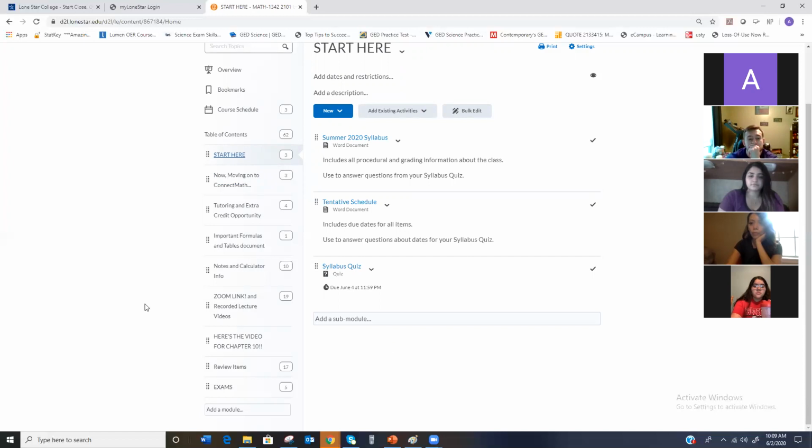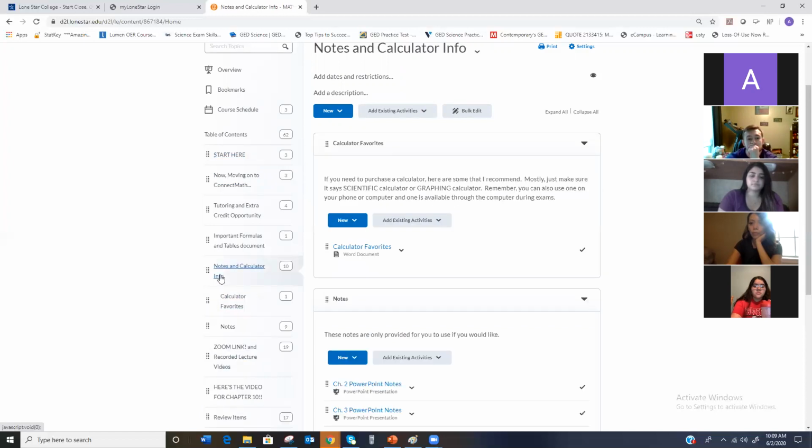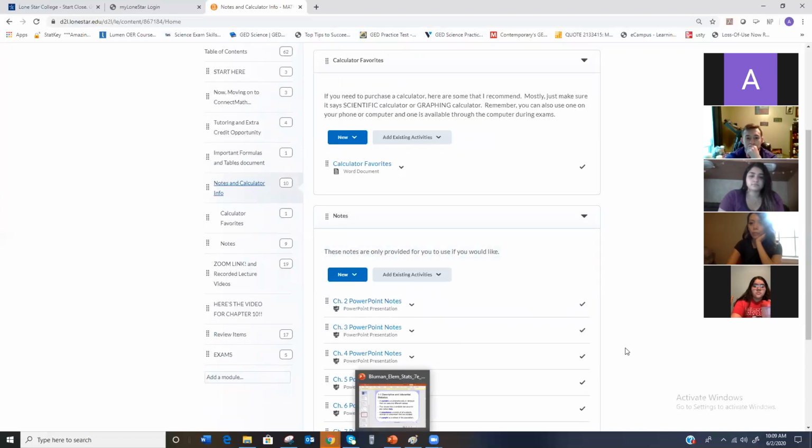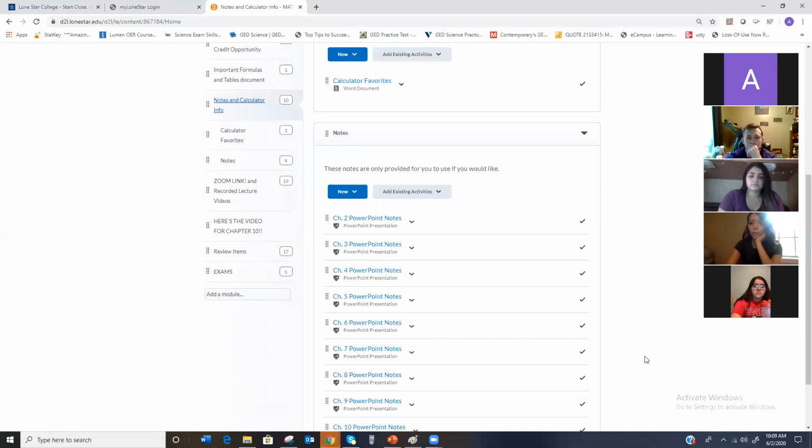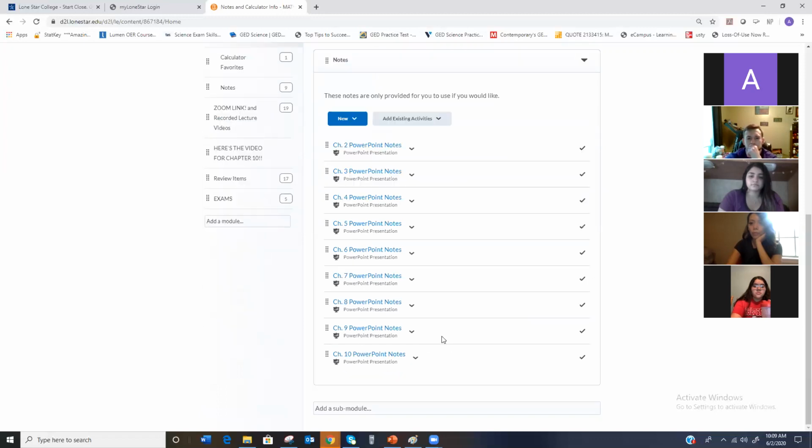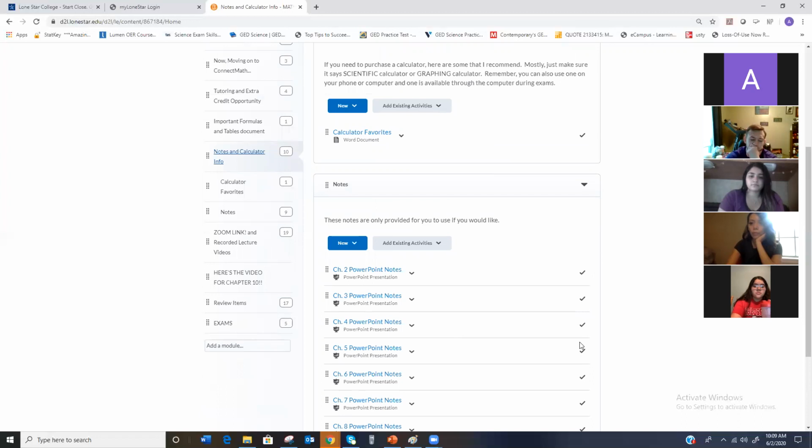And then also what I'm going to be using today for notes, like on all of these, is these PowerPoint notes. I don't have chapter 1 in here. I just realized this morning, and I don't know why. I can put those in there if I can find them. You can print these off and follow along with them if you want to.